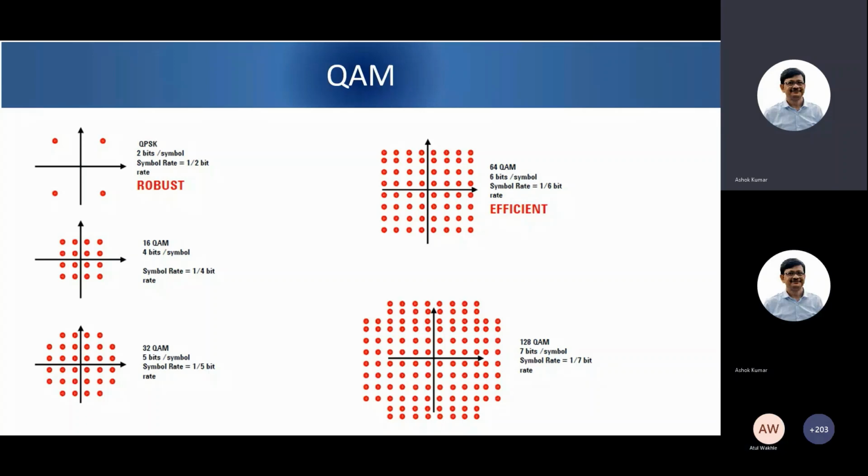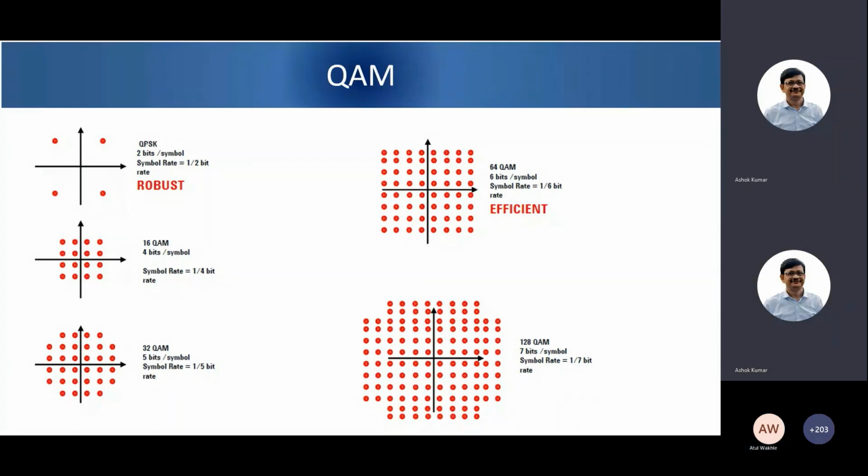So you have 4 positions with different amplitude and phase combinations. You can transmit either 00, 01, 10, or 11. That means 2 bits per symbol can be transmitted in QPSK.